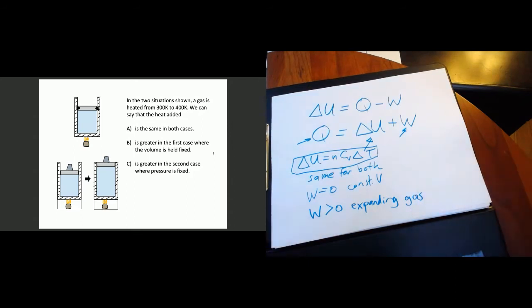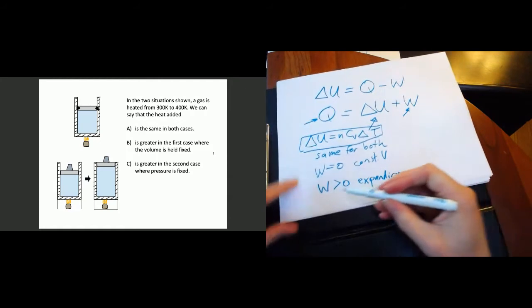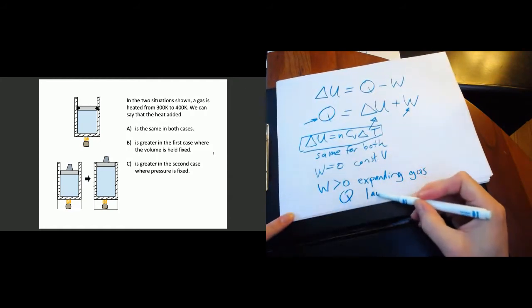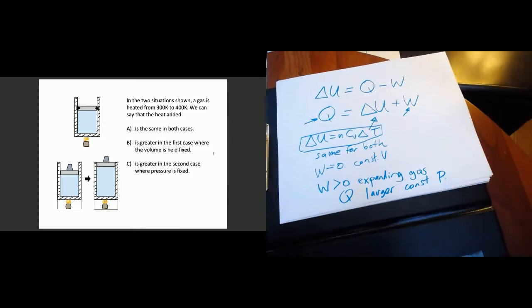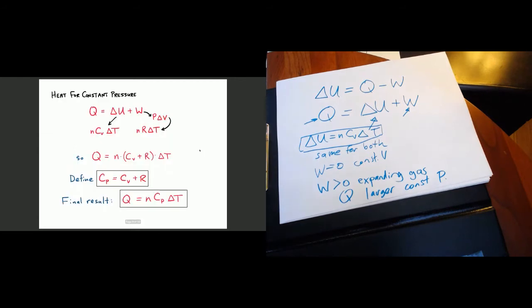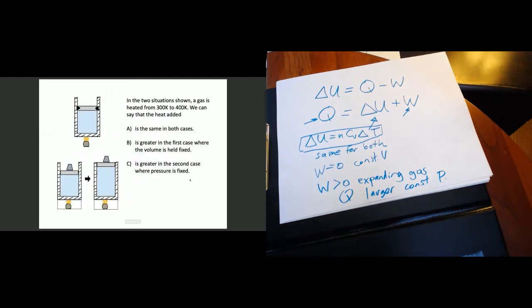Okay, so W is greater than 0 in the second case, and so that means that Q is larger. So our conclusion is that Q is larger for constant pressure. And so our answer in this case is C.